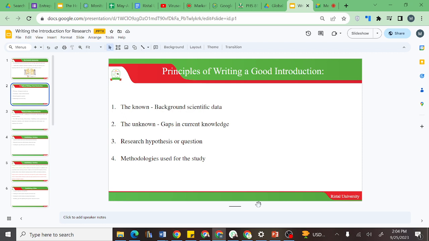And then it should state the hypothesis or research question, and briefly the methodologies that you're going to use to study the research question. Okay? So those things should be there in your introduction as informal paragraphs, of course.